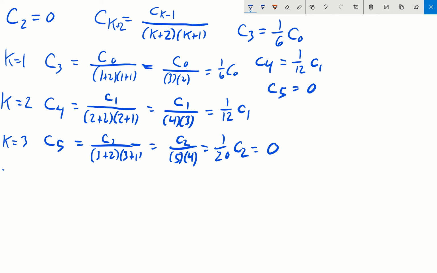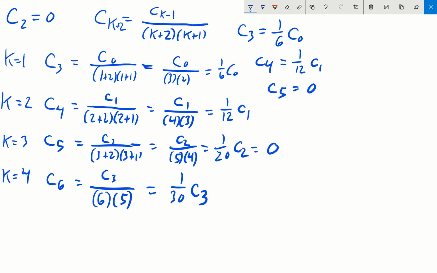Let's work out a few more to see if maybe we can notice a pattern. When k is 4, this is going to give us c6 equals c3 divided by 4 plus 2 is 6, 4 plus 1 is 5, so we're going to get 1 over 30 c3.